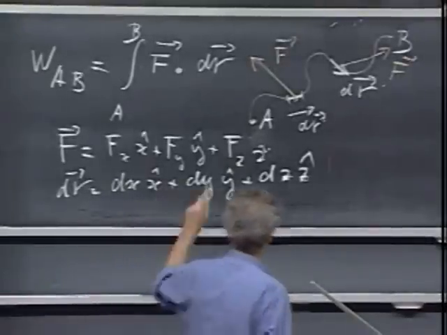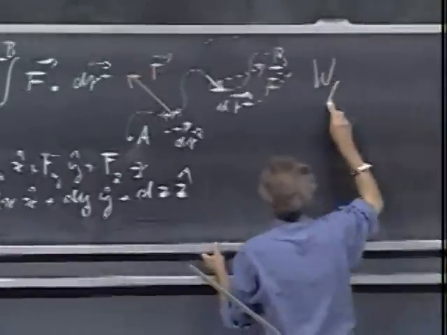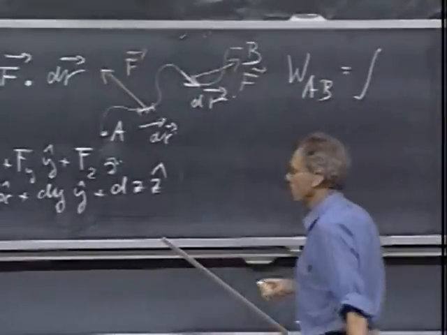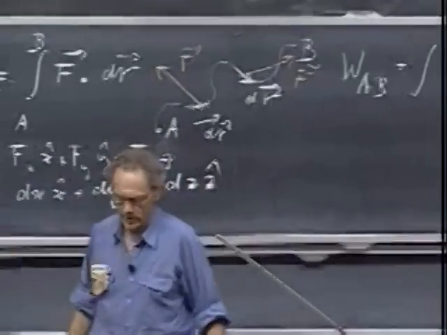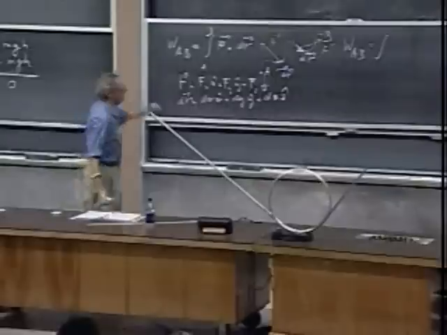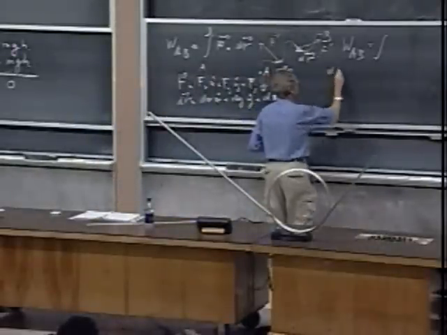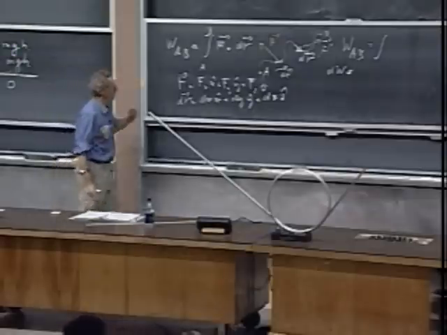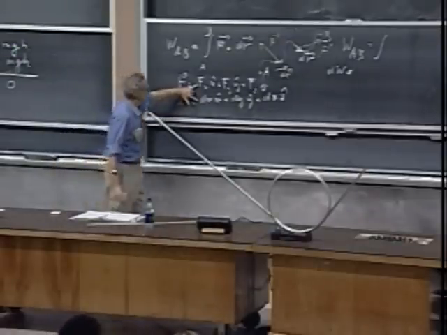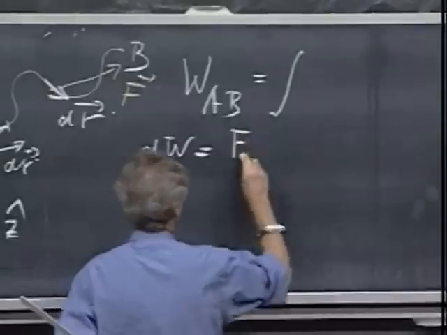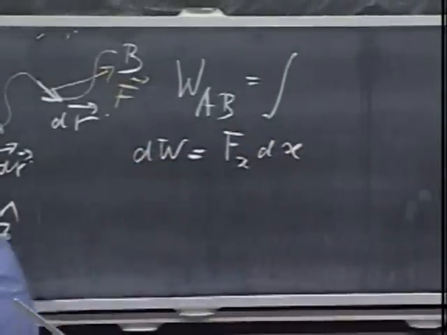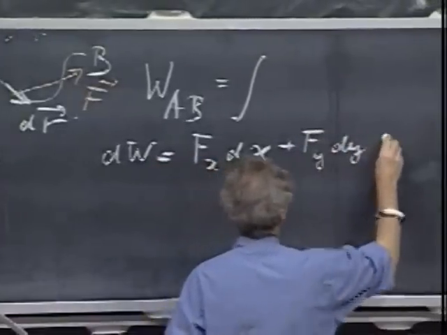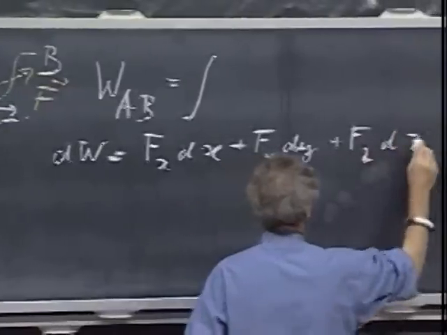So the work that this force is doing when it moves from A to B is the integral of this F dot dr. Let's first take a small displacement dr. Then I get dW, that is simply Fx times dx, it's a scalar, because this is a dot product, plus Fy dy plus Fz dz.